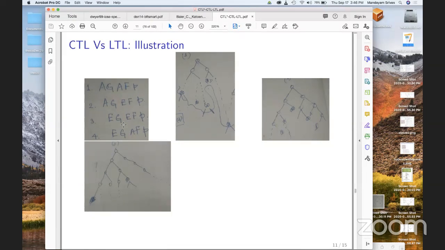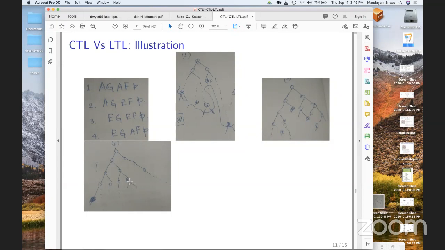So this only requires that from the root, there exists a path in which globally, that is, every state on that path is such that there exists one path from each of those states on which eventually P holds good. Okay, and here this is good enough.